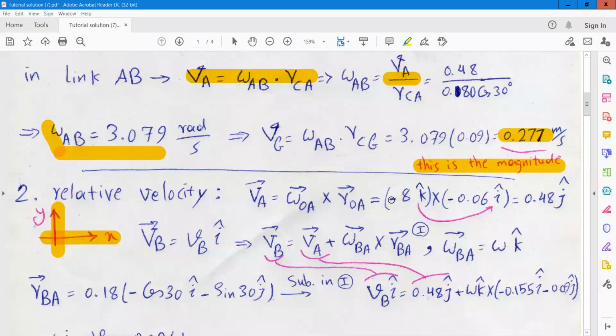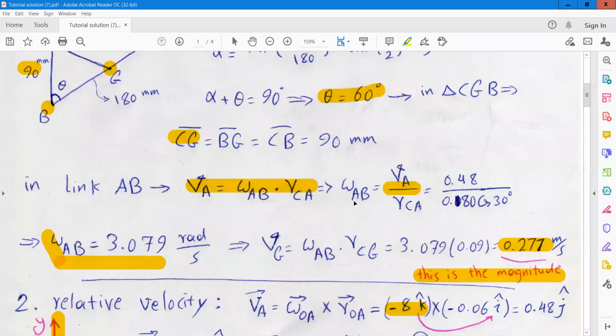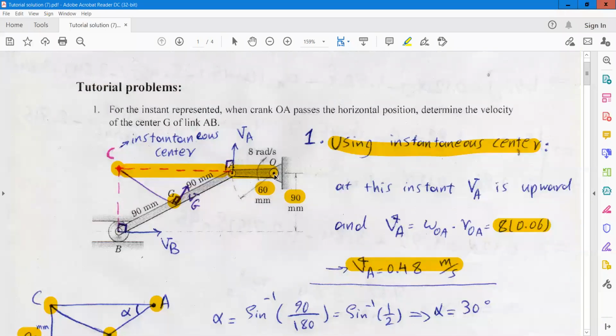So it will be minus 8k cross ROA, the position vector. ROA is, again using the x and y coordinate system, minus 60 millimeter in x direction. So it will be minus 0.06 i.